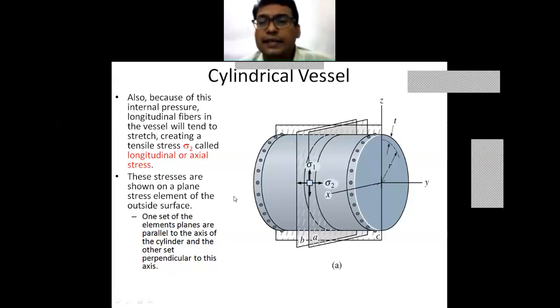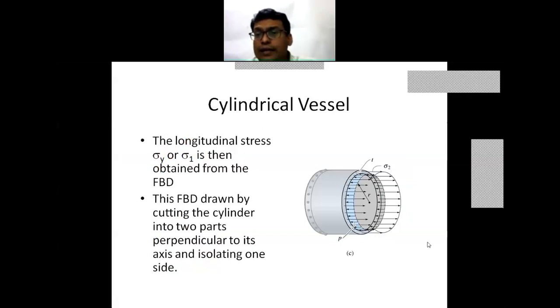These stresses, when I am cutting with this plane, sigma 1 and sigma 2, are shown in this figure. So I will be able to observe this figure when I have cut it like this. You can observe this section and the corresponding stresses that will be there.